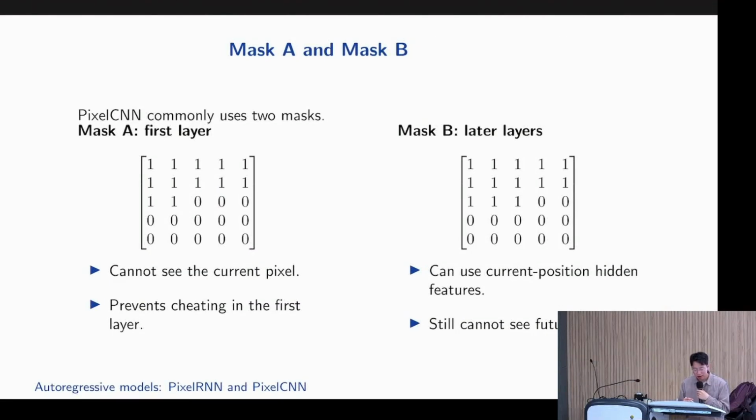So how does it work in implementation? In the very first layer of CNN, this would be your mask. So here, let's say you want to generate the center pixel. You don't have access to yourself because to prevent cheating, you have nothing to condition on here in the very first layer of CNN. Right? You only have access to the past information, these guys.